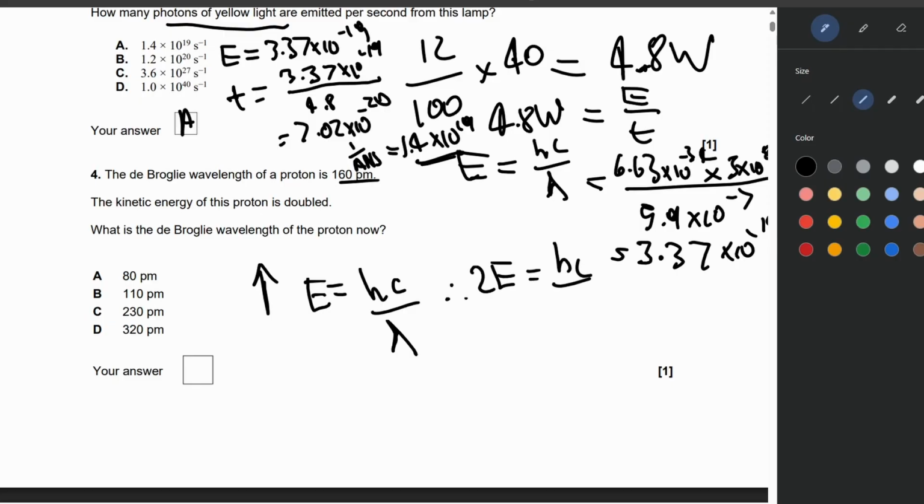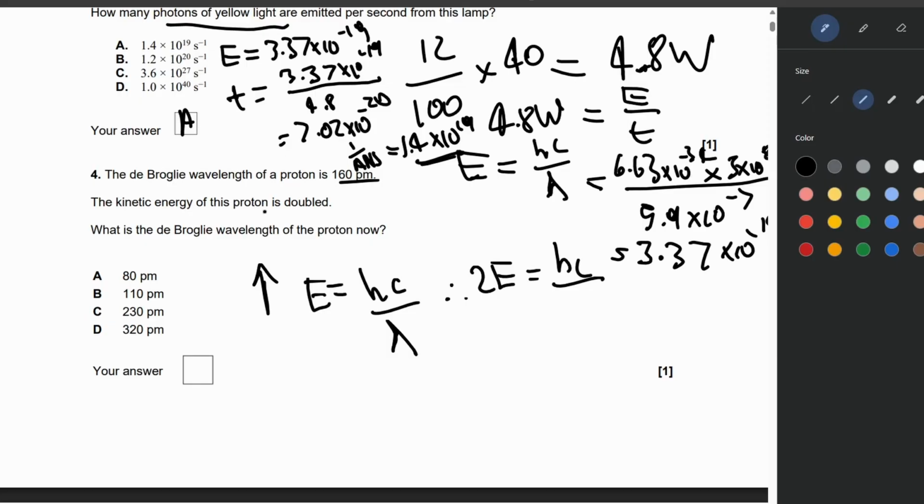equals 2hc upon, well, if this side is doubling and it's inversely proportional, that means if this doubles, to keep them equal to each other, hc and hc stay constant.